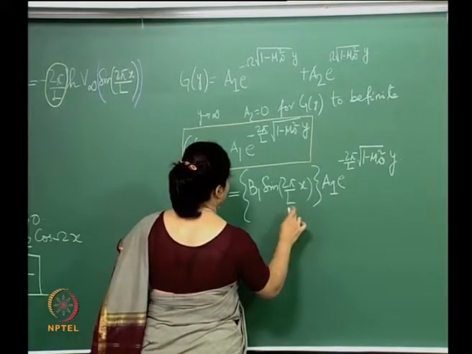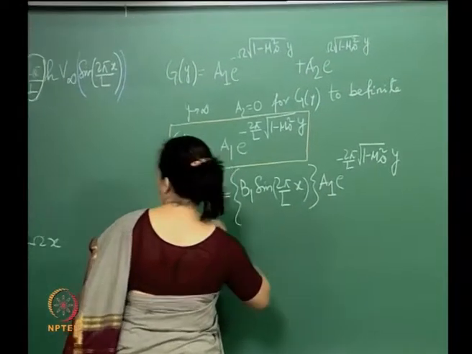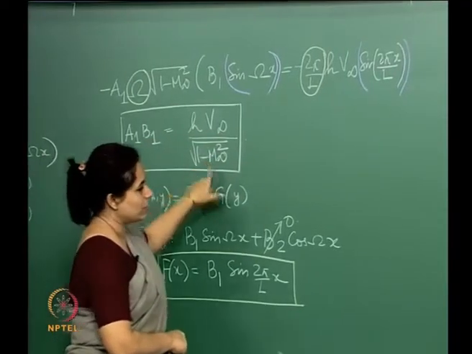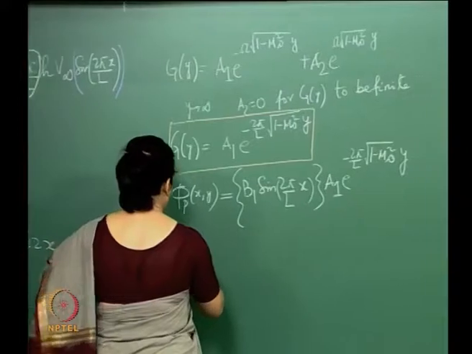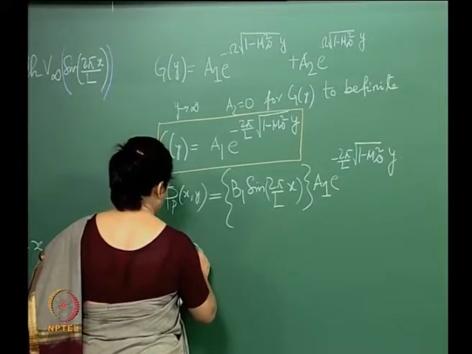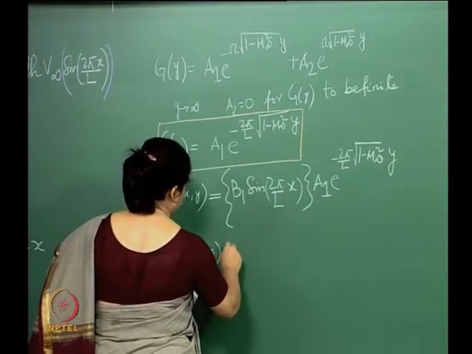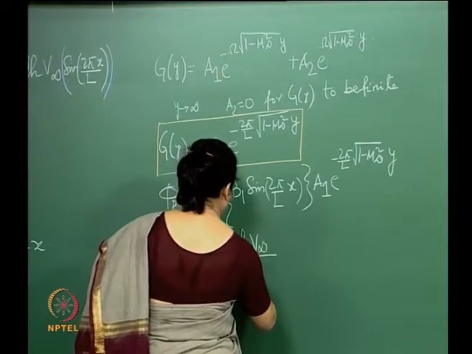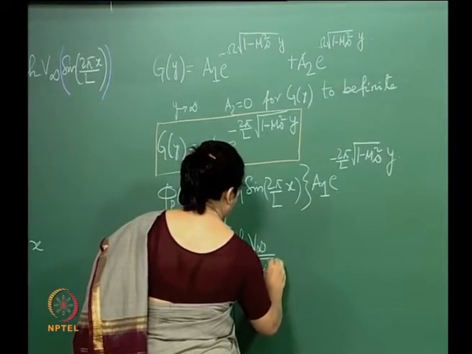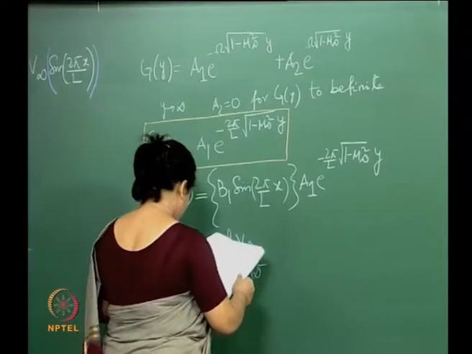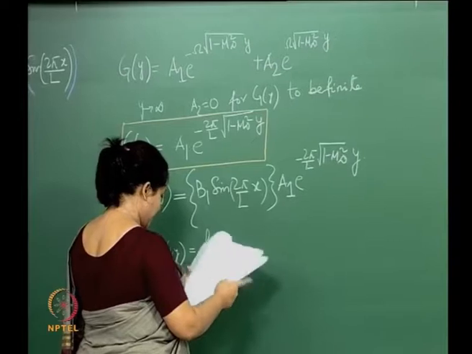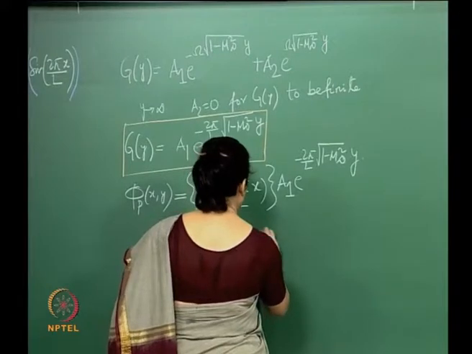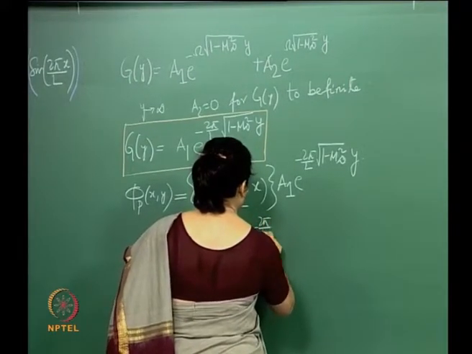Now what we know here is that we got an expression for A1 B1. A1 B1 is h into V infinity by this. So we could use that there, right? So we could write A1 B1 is h, that. Then we have the exponential term, right. So then we have, let me write this, e to the power minus 2 pi by L.